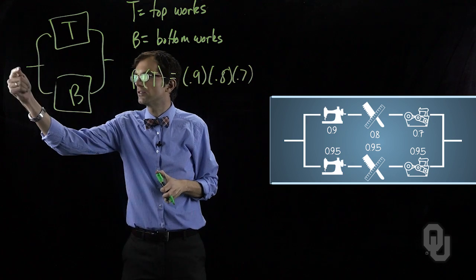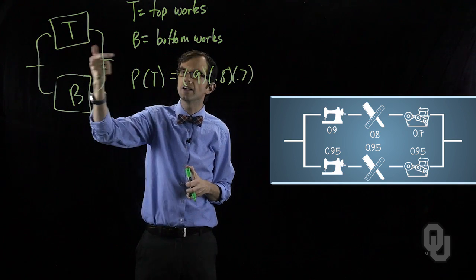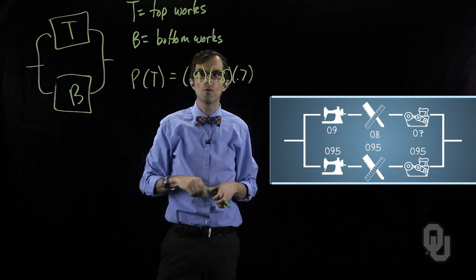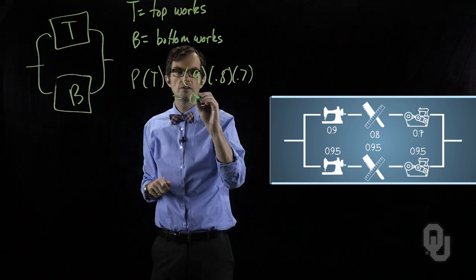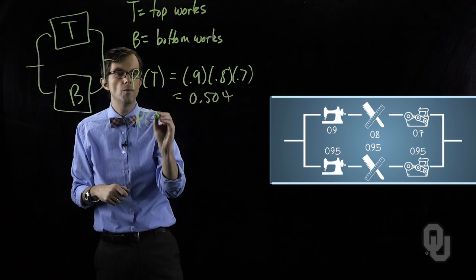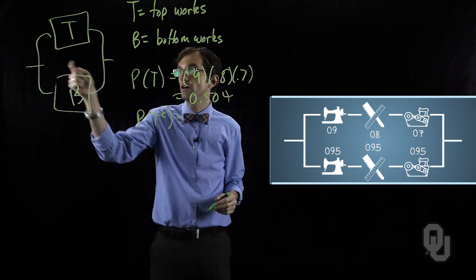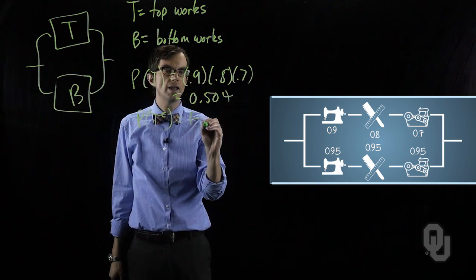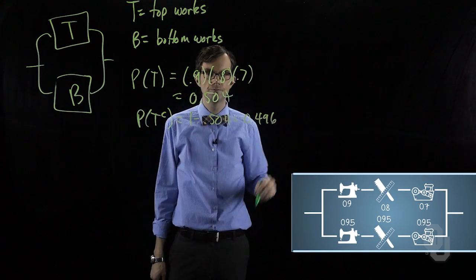What's the probability that we can start here, go through the top set of machines, and then come out the other side? That's 0.504. Therefore, the probability of the complement of T, the top does not work, would be 1 minus 0.504, which is 0.496.